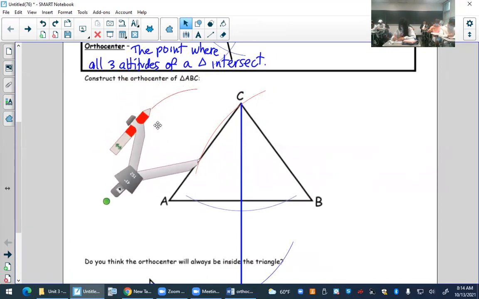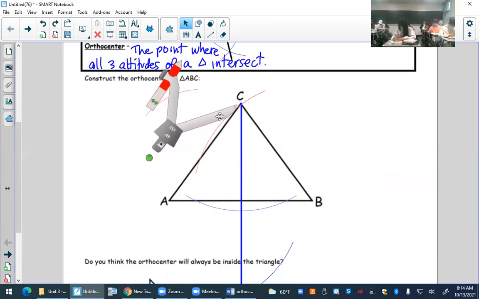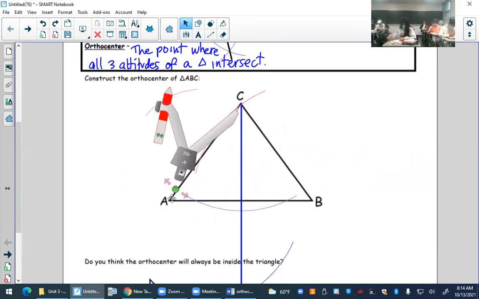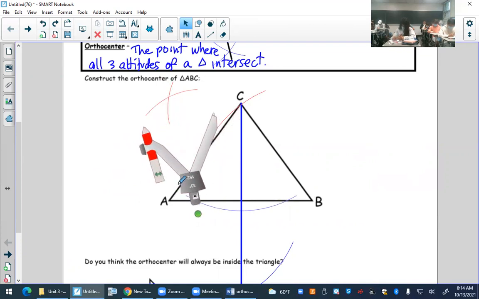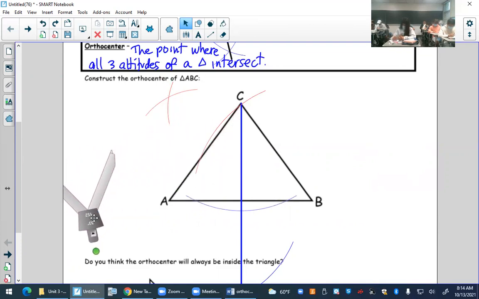So I need to mark here. And then from over here. And then I'm going to draw, what do I have to do next? Okay, thank you.